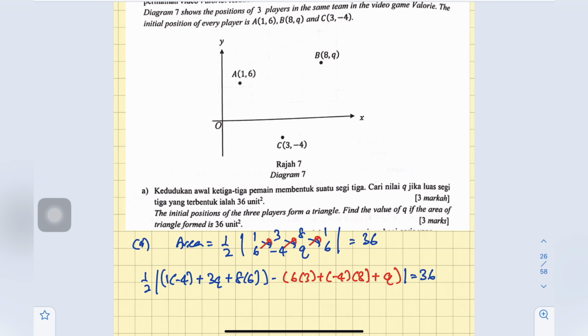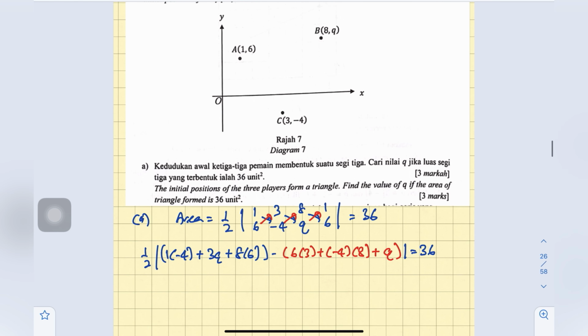So then kita simplify. So this one kita dapat berapa ni? 8 times 6 is 48, minus 4, so 44 plus 3q, dalam modulus.